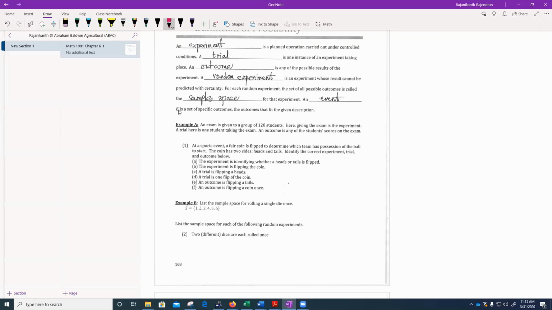Okay, so the sample space is kind of a big set. You will collect all the outcomes here. Then for a particular event, you are going to collect the elements from here. So basically E is the subset, right? Of what? Of the sample space. That make sense?